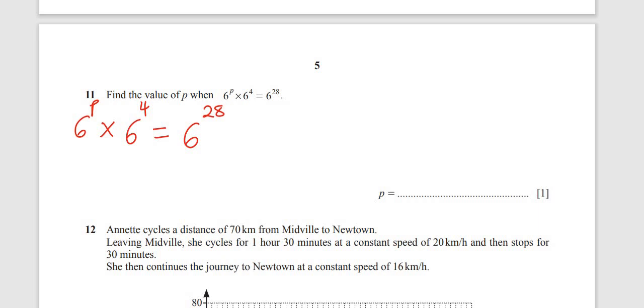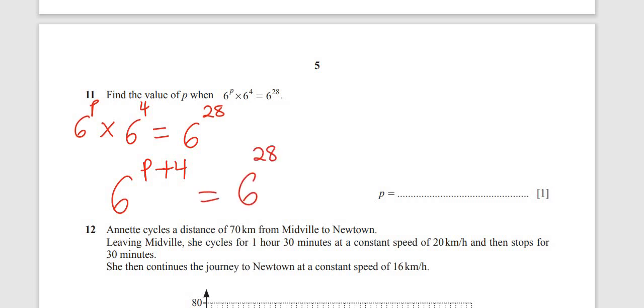When we are multiplying numbers that are to the same base, we just need to add the powers. So 6 to the power of p times 6 to the power of 4, we can simplify that to 6 to the power of p plus 4, and then that is equal to 6 to the power of 28.